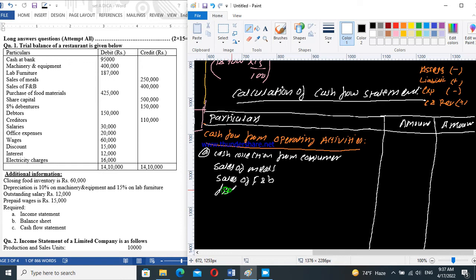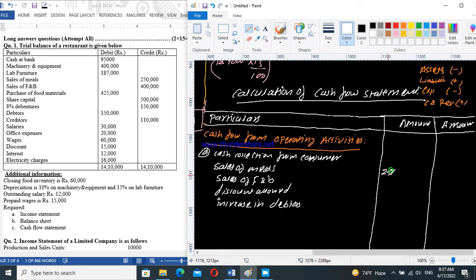Discount allowed, increase in debtors, and write all values over here.